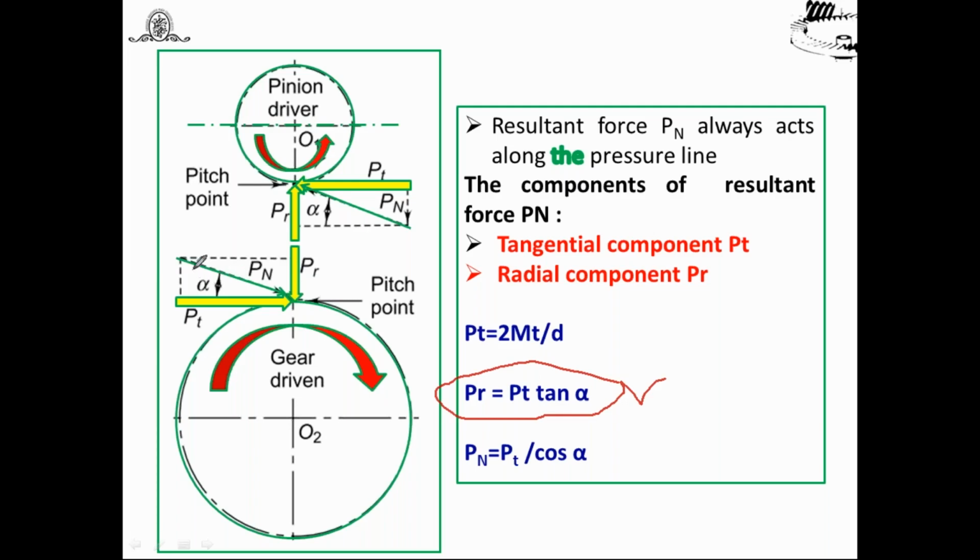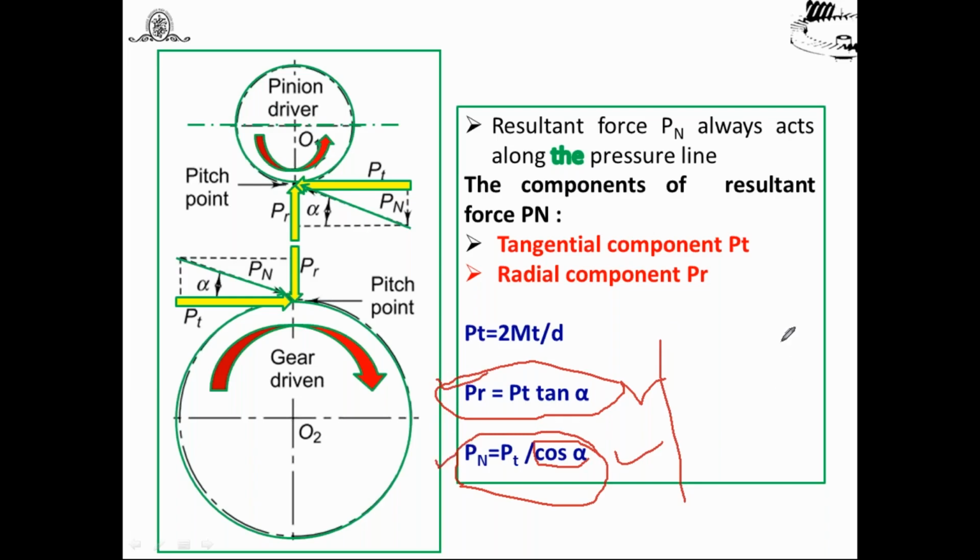And similarly, if I would like to find out the PN, how to find out the PN? Again, here the adjacent side is PT, and that's why the cos relation plays an important role. This is PN, this is PT, and this angle is alpha. So you will get PN is equal to PT cos alpha. By using these relations, you will get the PR and the PN.